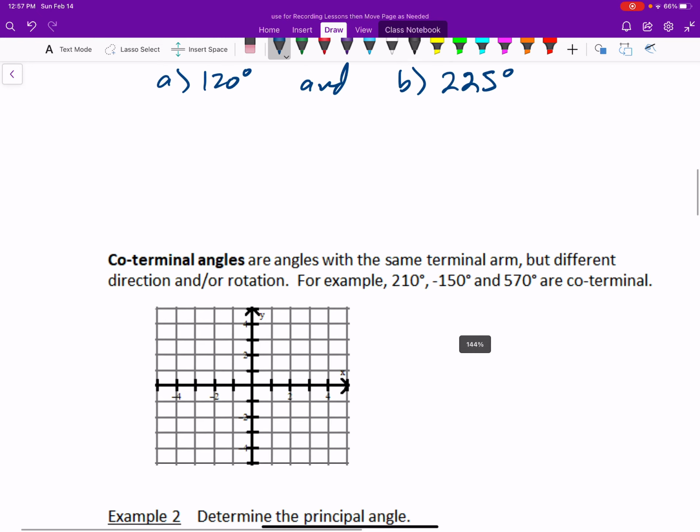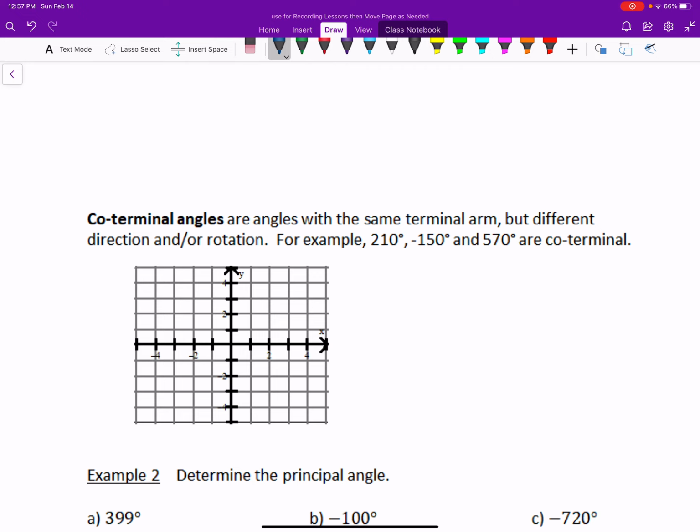So another example of co-terminal angles would be, say, 210 degrees. So where would 210 be? Start on the initial arm, go around, there's 90, 180. Well, 210 would be 30 degrees past 180. It would be around here somewhere, wouldn't it? My related acute angle would be 30 degrees, but 210 would be going this way.